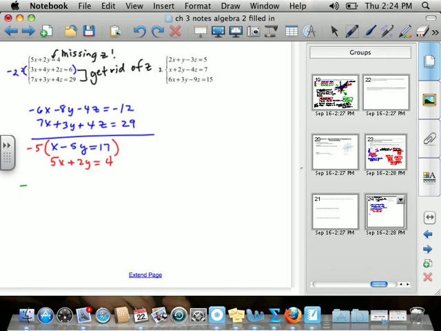So now I get -5x plus 25y equals -85. And I have 5x plus 2y equals 4 still. So when I add straight down, the x's go away. I get 27y equals -81. So y is -3.